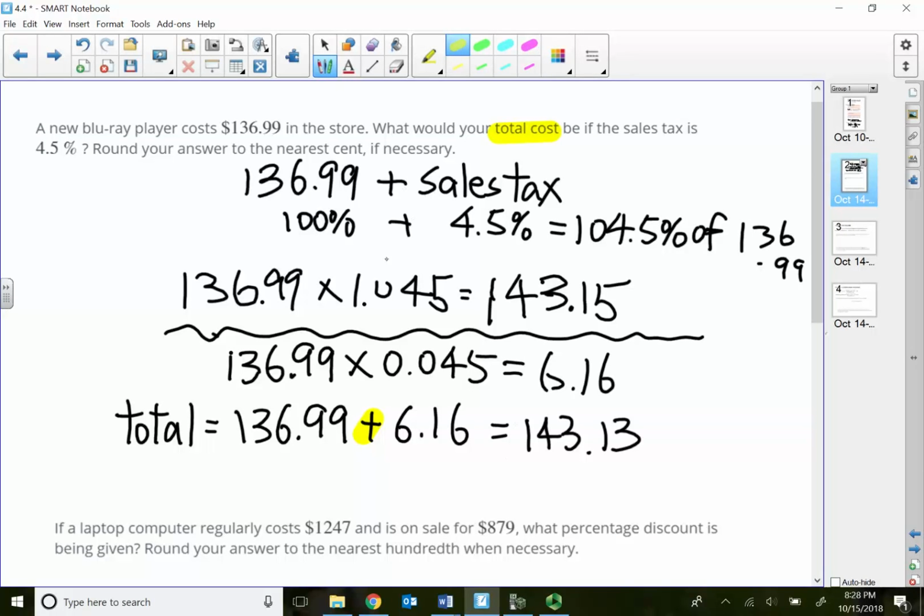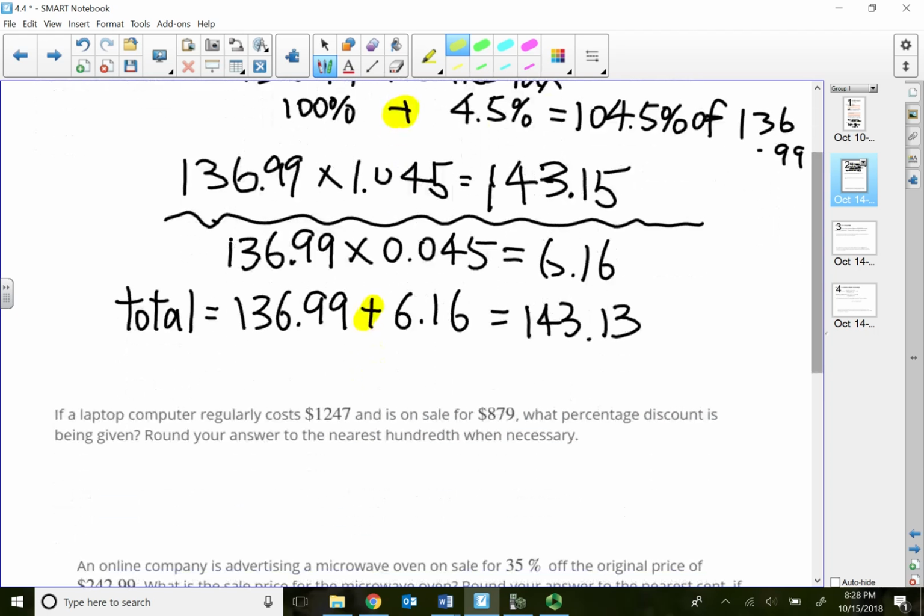Up here, I'm doing exactly the same thing, but adding the percentage first, and then doing my multiplication. It seems quicker because adding percentages is quicker than adding the actual amounts. Whichever way you like, you can do it either way.